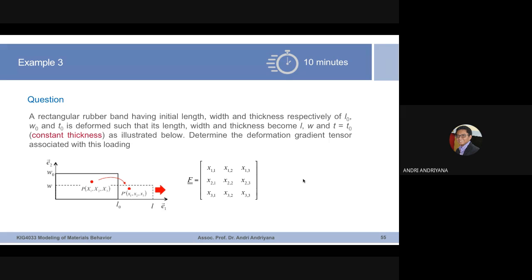So this is the illustration of how the materials deform. Initially, the length is L0, the width is W0, and the length becomes L, the width becomes W, while the thickness remains the same. Okay, and then if I have one arbitrary point in the initial state, the point P for instance here, the initial coordinates are capital X1, capital X2, capital X3.